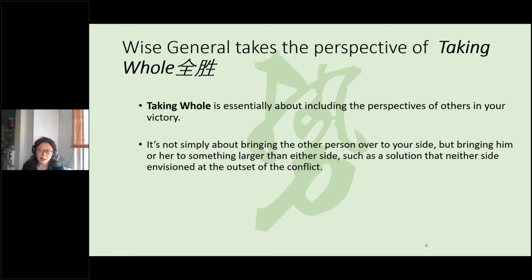And how is this possible, this taking whole perspective? Sun Tzu also points out that it naturally follows when we take a very appreciative view of the other side.